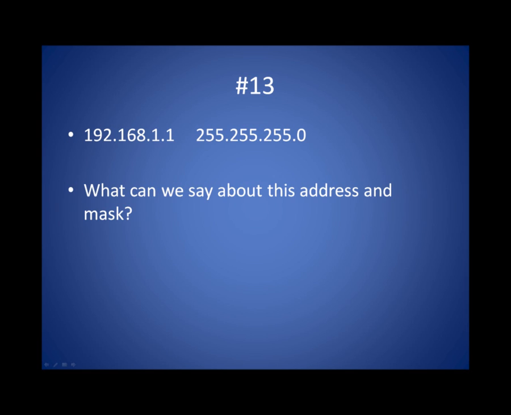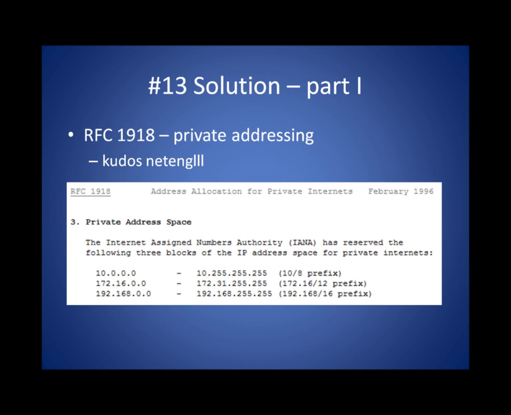And here was the Chicken Protocol Packet of the Week number 13. Remember that we're doing something a little different. We are investigating this particular address and some of the aspects of a network like this one. And as was correctly pointed out by Nettingil, I think that's how you say it, these are what we call 1918 addresses, or private addresses.